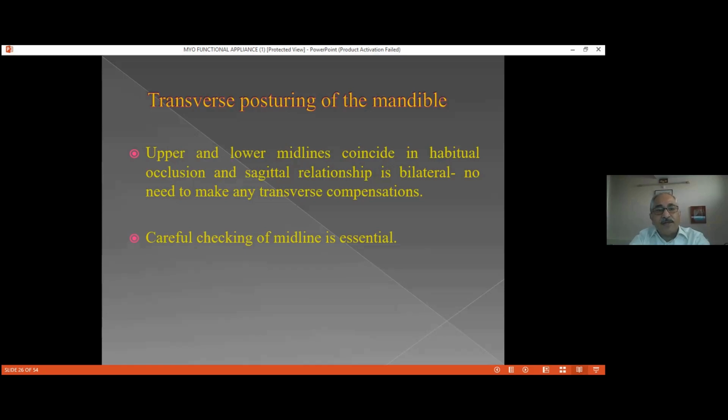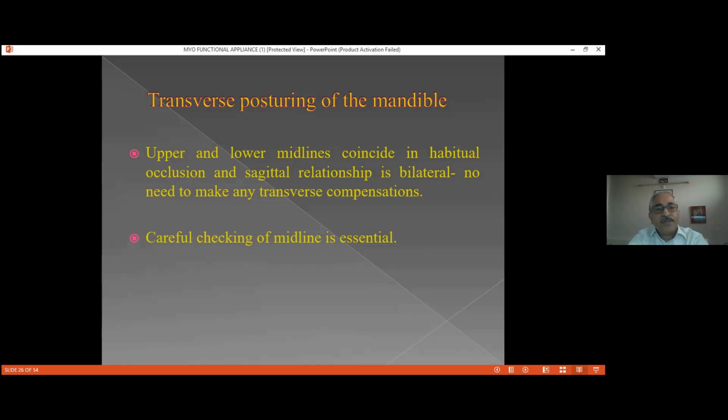If there is a dental midline shift, where the mandible is more towards the right and the maxilla is more towards the left, we don't try to correct it, because that is to be corrected by individual correction of the long axes of the teeth in each jaw.